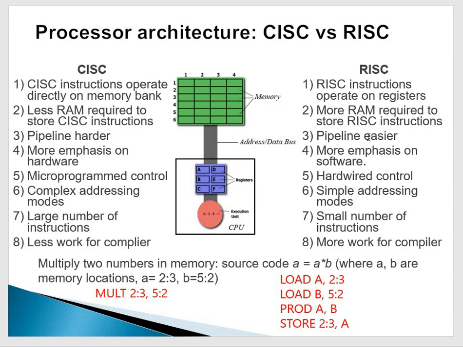So pipelining is easier in RISC; in CISC, pipelining is harder. Look at this. We will discuss pipelining in detail in the coming lectures, but for now, pipelining means that our processor wants to perform more than one task at one time. If we go with this particular CISC instruction, a single instruction is going to read the data, execute, do memory read and memory write, all within that single instruction.